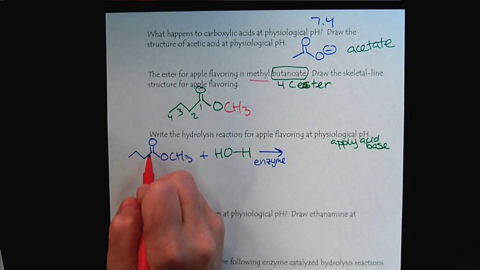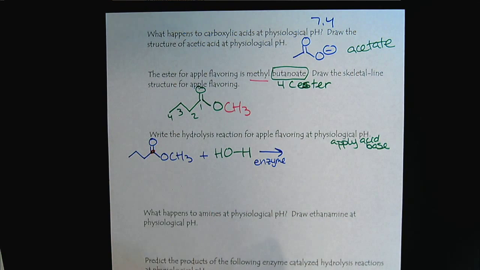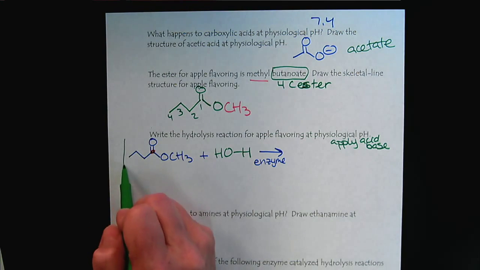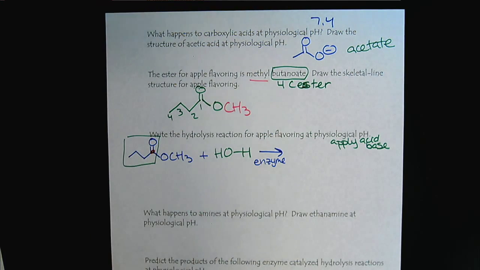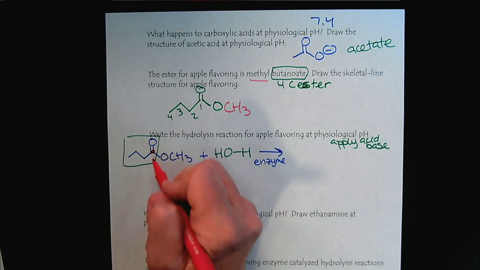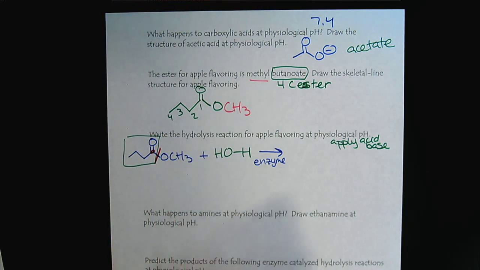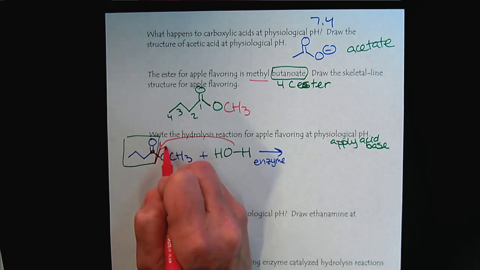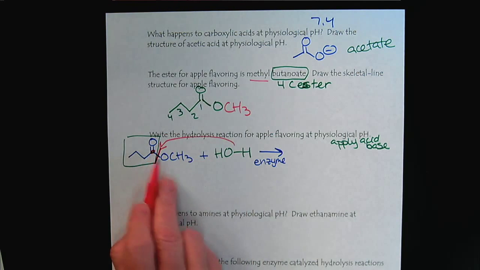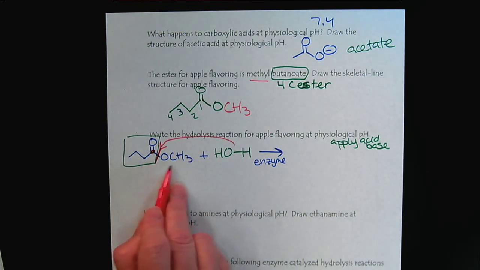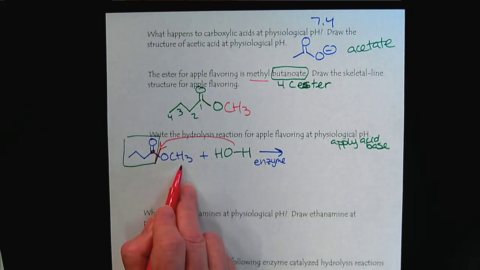When we look at our ester, we focus on identifying the carbonyl group or the acyl group. There's our acyl group. The water is going to come in and split between the acyl group and our variable group, the alkoxy group here.